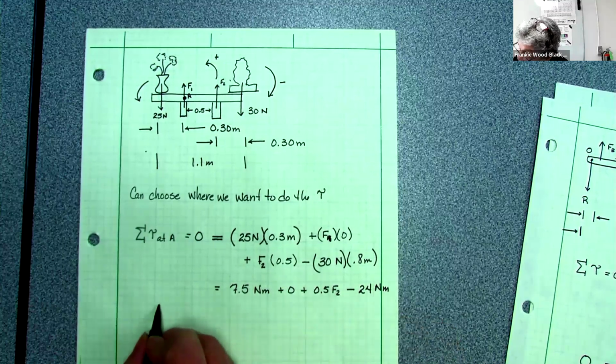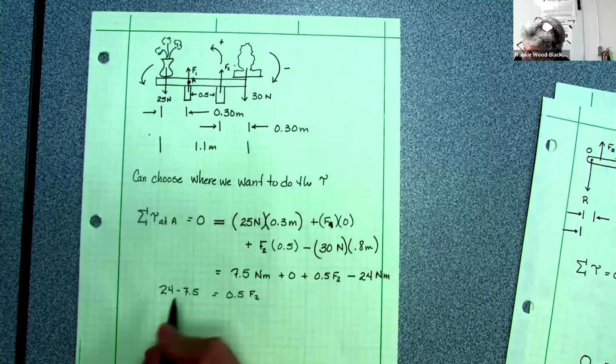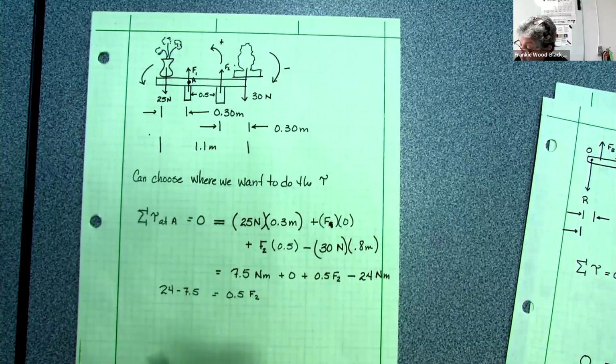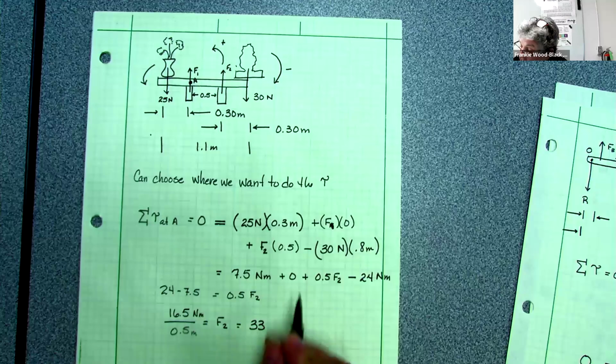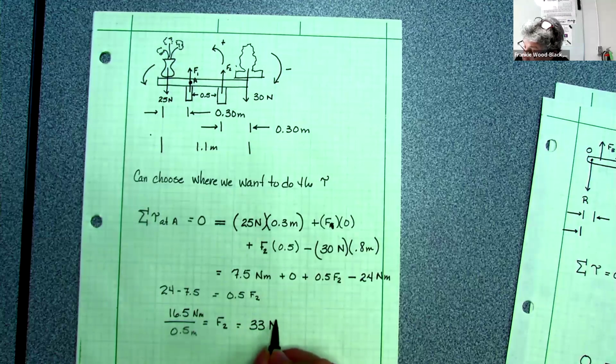So I'm going to get 24 minus 7.5 equals my 0.5 F2. And that gives me F2, and that was in meters and this is in Newton meters, so the meters cancel out, so I'm all good. So the force from that support, this support up, is 33 newtons.